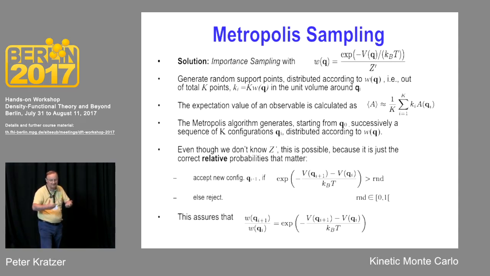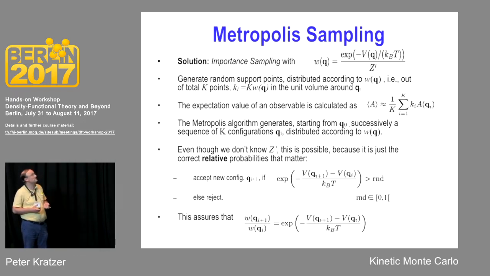So we generate the sampling points by a stochastic process. We start with some points, and then we generate new configurations, and we either accept them or discard them.